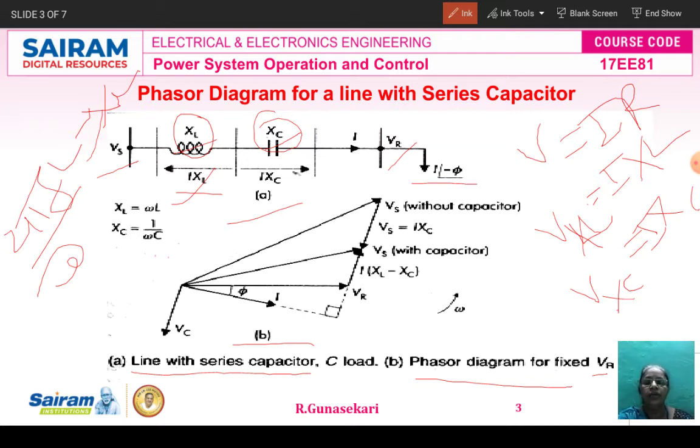Now you see the phasor diagram. In the phasor diagram, VR, the voltage across the resistance, is fixed. That is the reference.